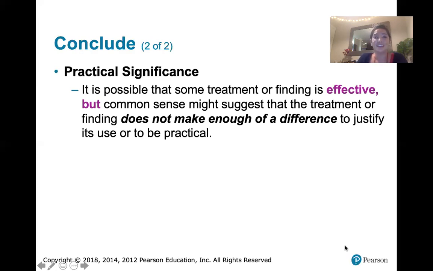Well, then we would say it's statistically significant, but it lacks practical significance. Practical significance is when the treatment does seem to make a difference, enough of a difference to be useful or practical, whether it's statistically significant or not.